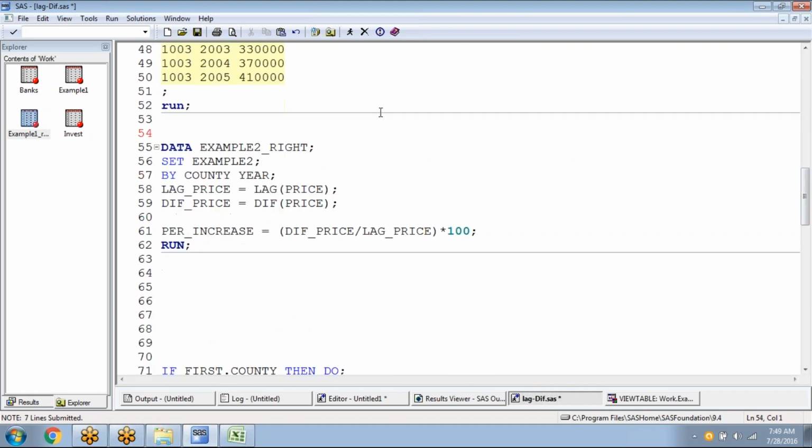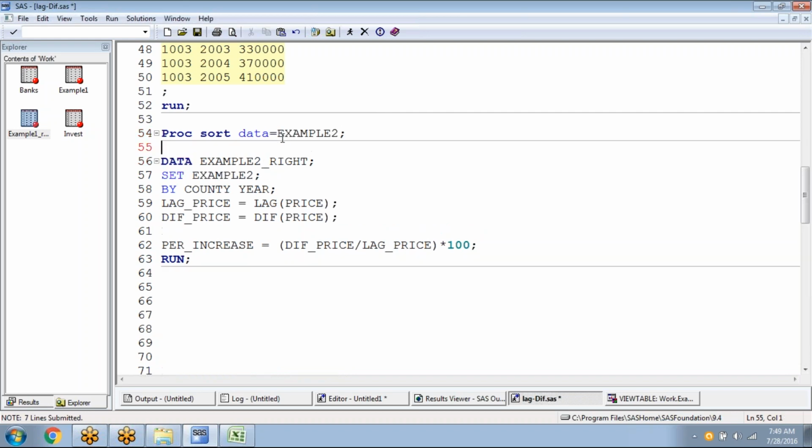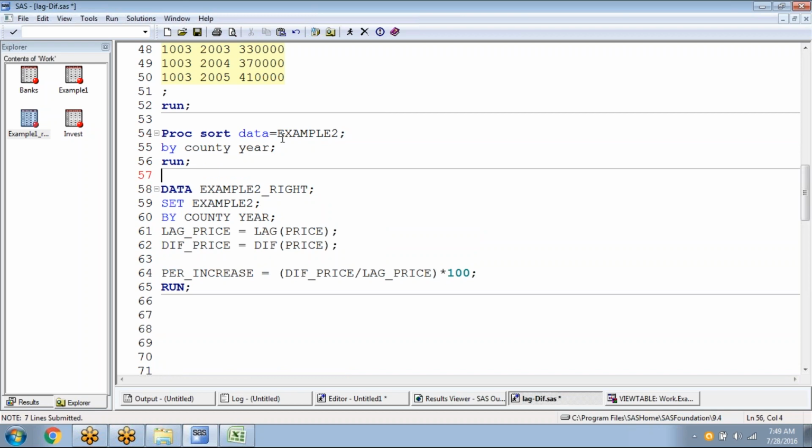Proc sort data equals data set name is example 2 by county and year. Run.